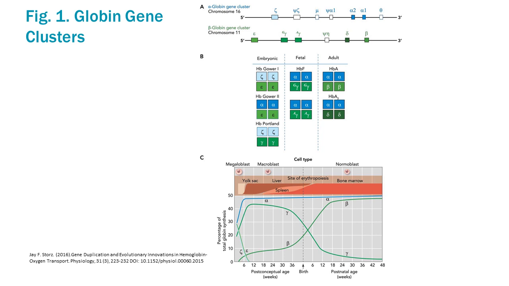On this slide, we have the globin gene clusters. We have the alpha globin gene cluster on chromosome 16 and the beta globin gene cluster on chromosome 11. The way these genes lie on the genome is also the way they are expressed during ontogeny. Next slide, please.